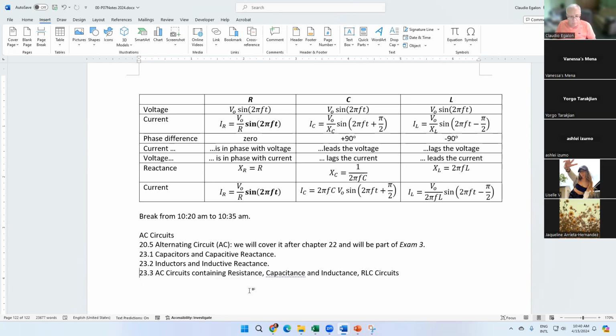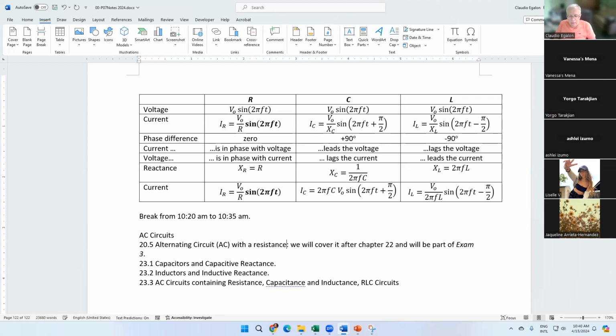Okay, this one we will call alternating circuit with a resistance, right? R circuit.